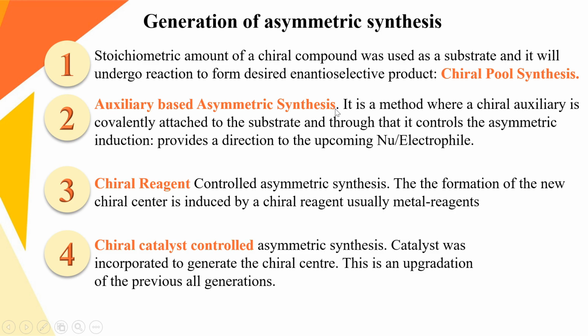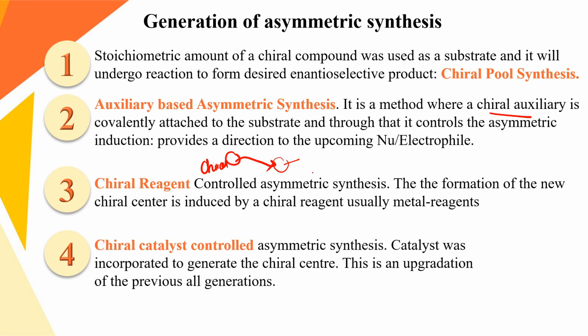The next generation is auxiliary based asymmetric synthesis. This is a method where a chiral auxiliary is covalently attached to the substrate, and it controls the asymmetric induction. That means suppose you have a substrate, and a chiral part is introduced to that substrate, so that the chiral part can influence the transformation via an asymmetric route.